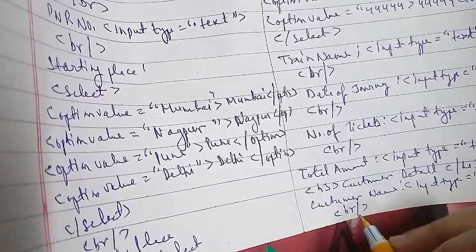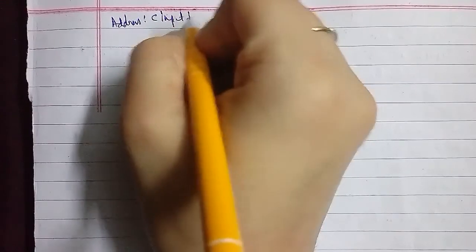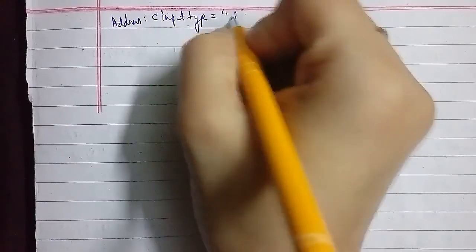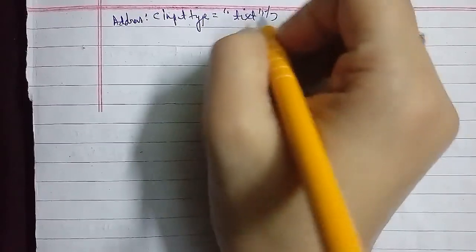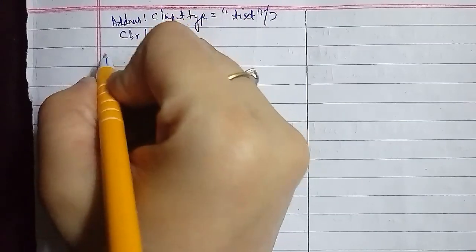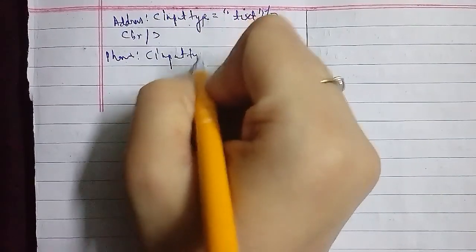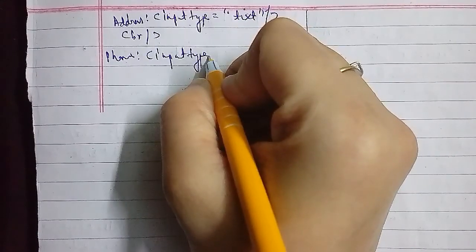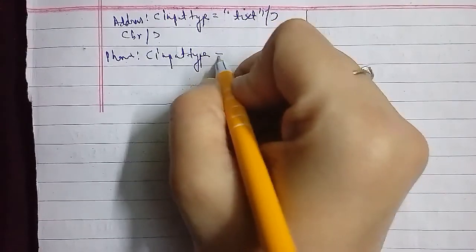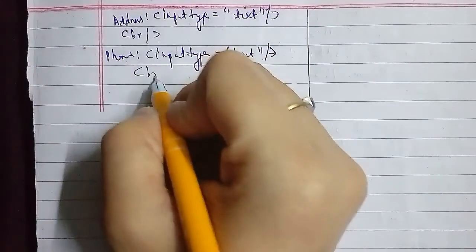Then after that we come to input type submit, value equals to submit, then input type equals to button, value equals to clear, form, body, HTML. So this is how you will create it out.